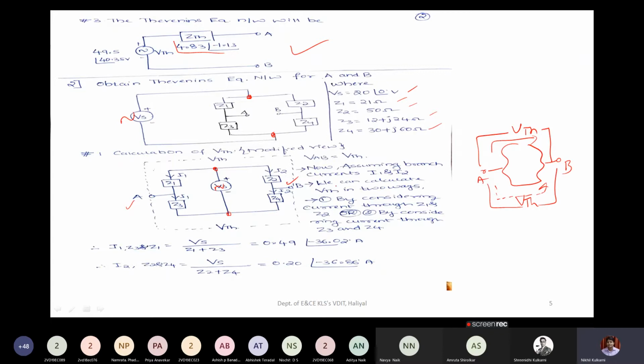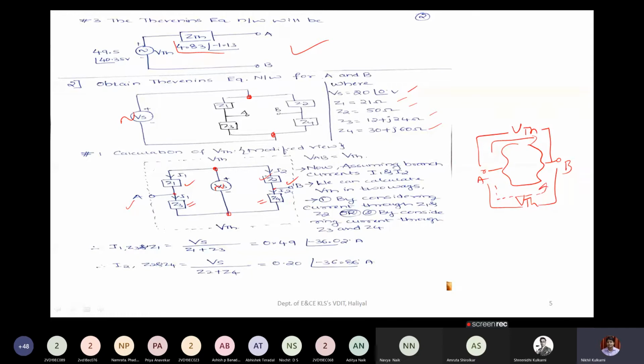We can calculate VTH in 2 ways. One is by considering the current through Z1 and Z2. If you know that, that is enough, because VTH is nothing but the potential difference between point A and B. Or by considering the current through Z3 and Z4.